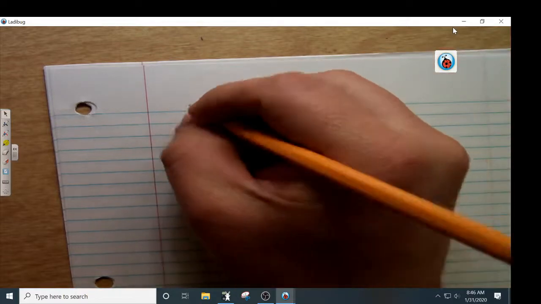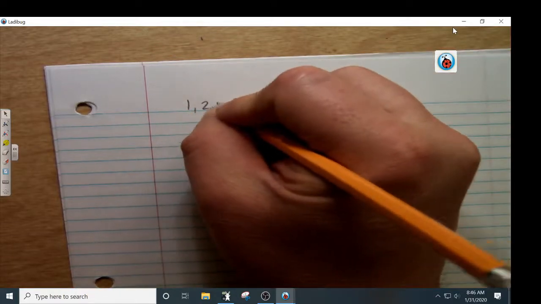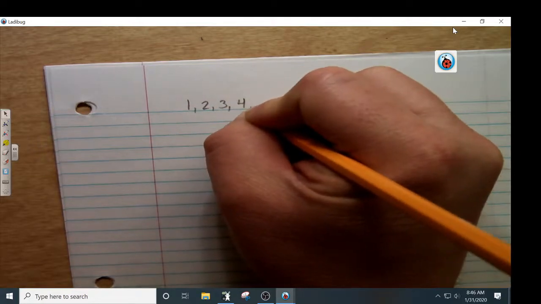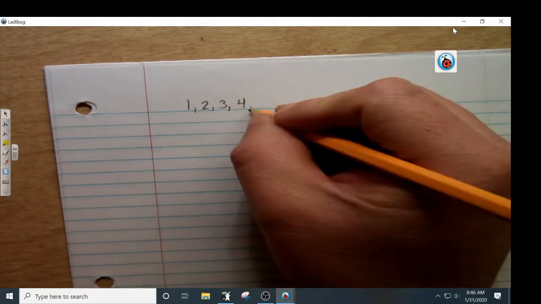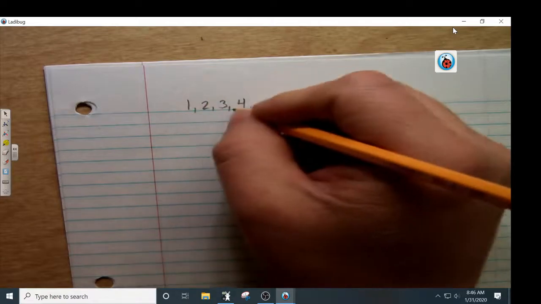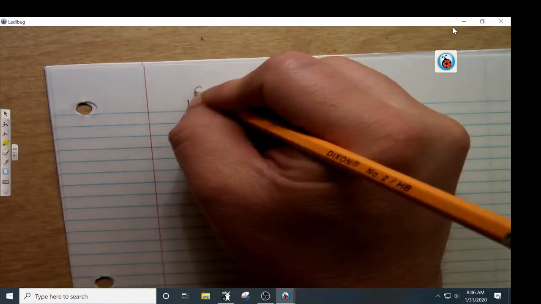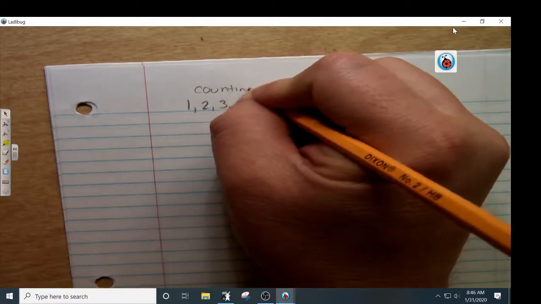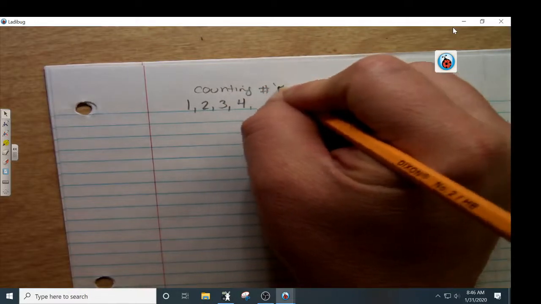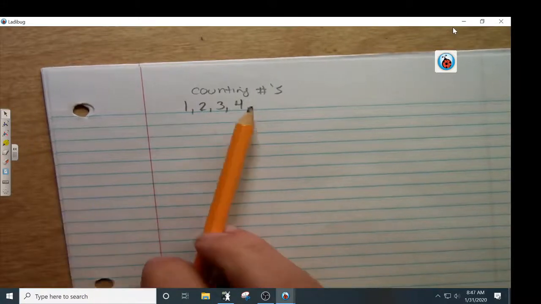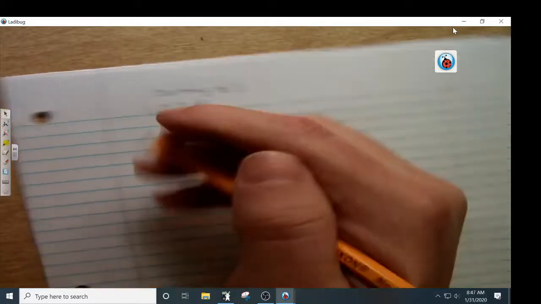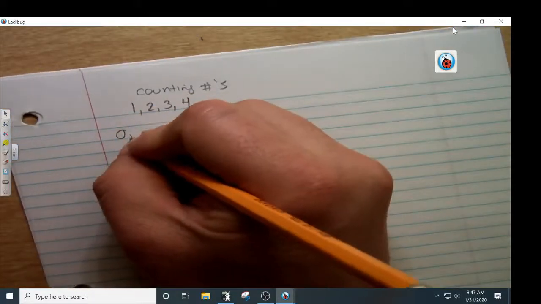These numbers like 1, 2, 3, and 4 are called counting numbers. Okay, that's why they were called counting numbers. Well, then they said, what happens if we don't have anything? What's going to be the number for it? Well, then they put 0 on here.